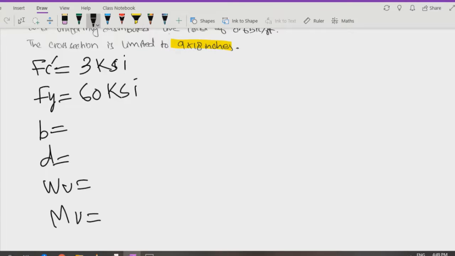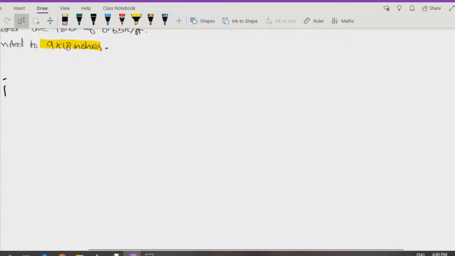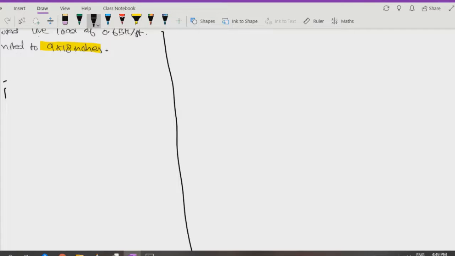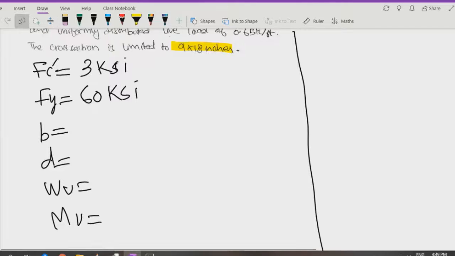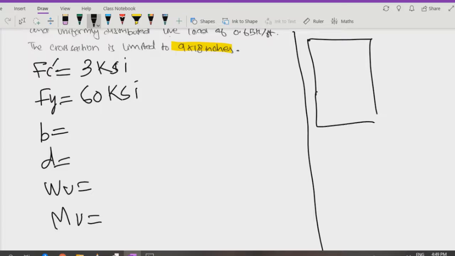So for the section of beam that has been drawn here, this is the value given by the examiner.